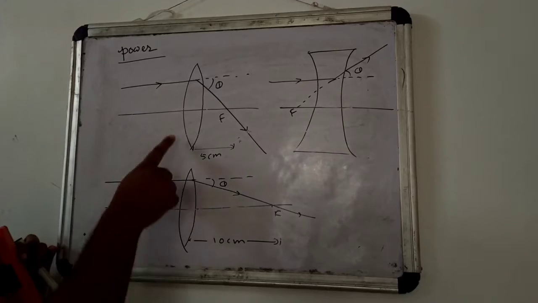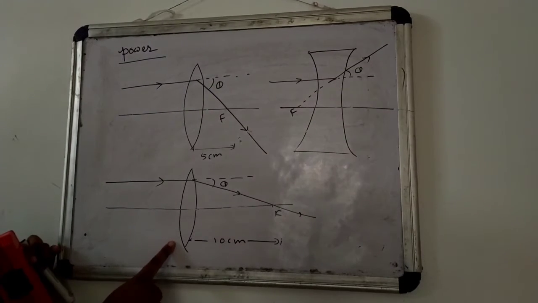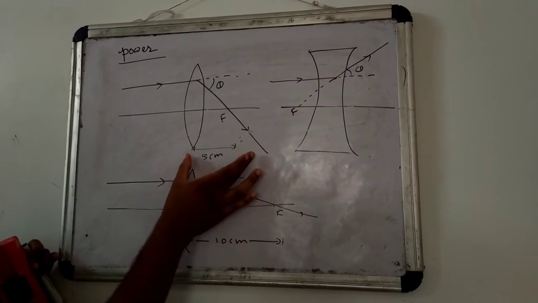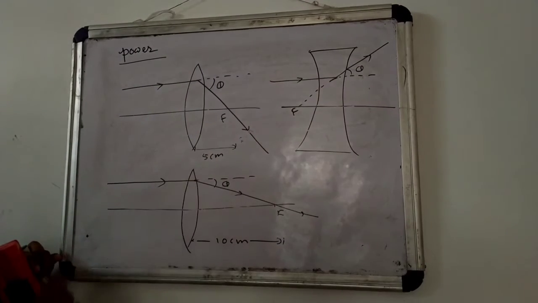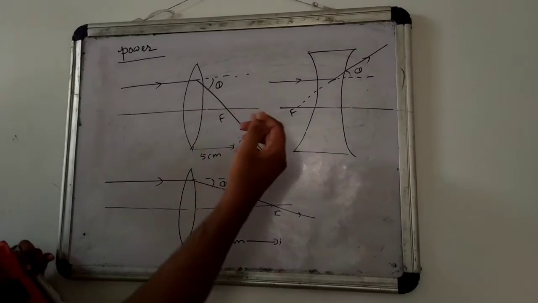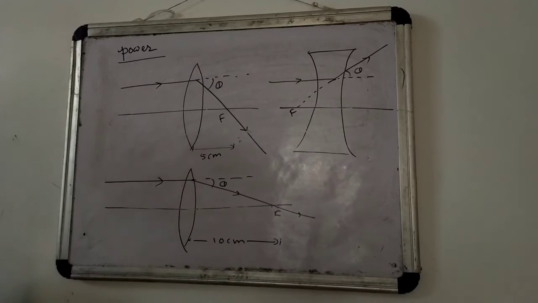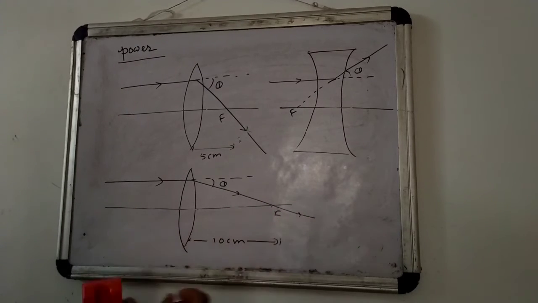From the two diagrams it is clear that this angle is greater in comparison to the other lens. That means for shorter focal length we have a greater angle of convergence, and in the case of a concave lens also, for shorter focal length we get a greater angle of divergence. That means if the focal length of a lens increases, its ability to converge or diverge a ray will decrease.